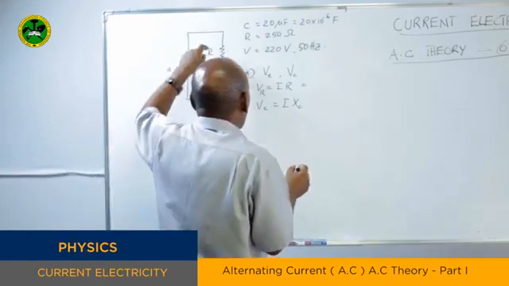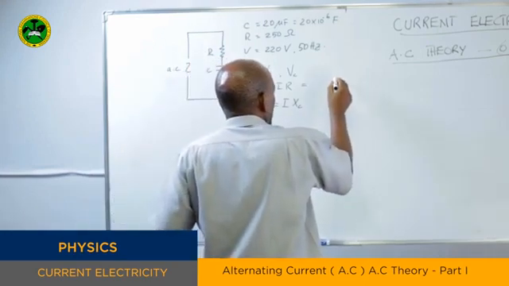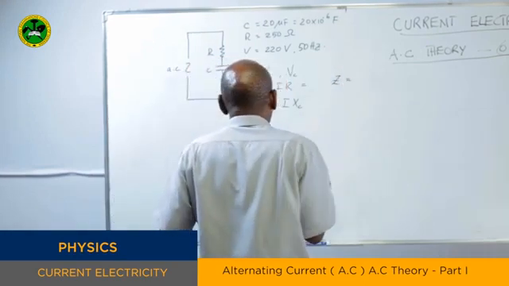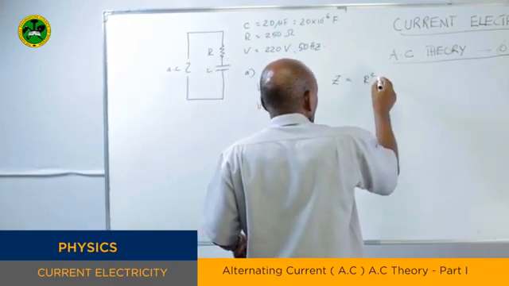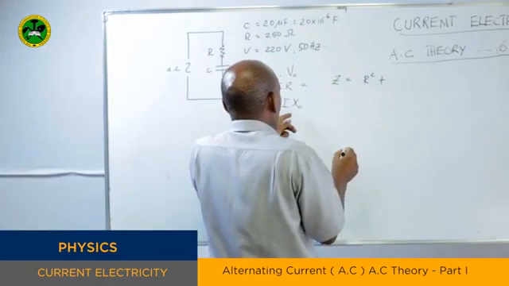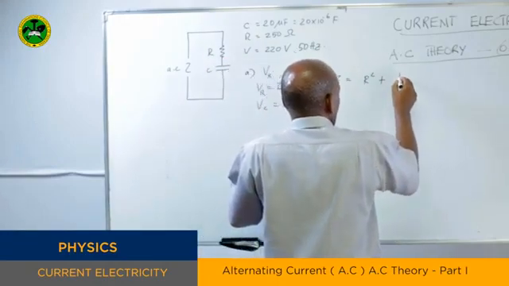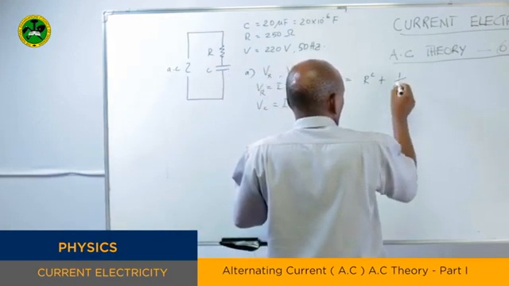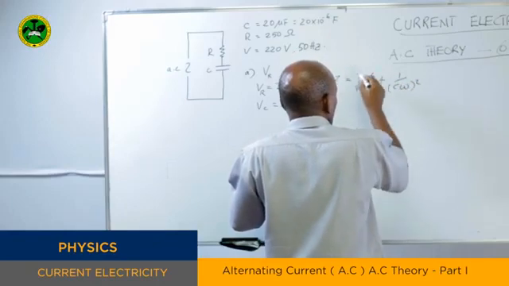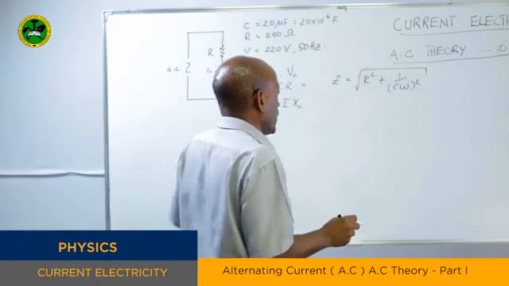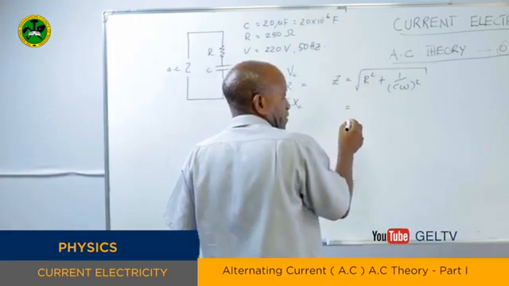Whenever we have a resistor and a capacitor connected in series, the impedance Z is just equal to the square root of R squared plus (1 over omega C) the whole squared. This will give us the total impedance, and we can substitute to obtain it.